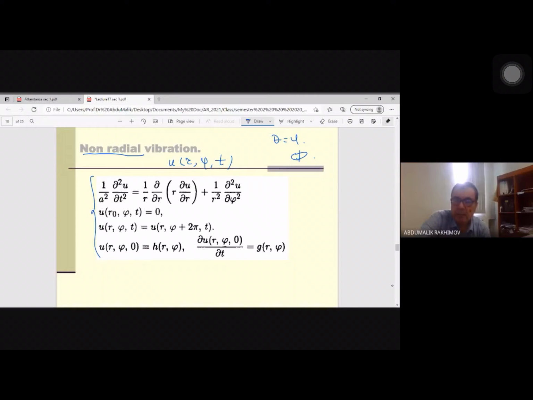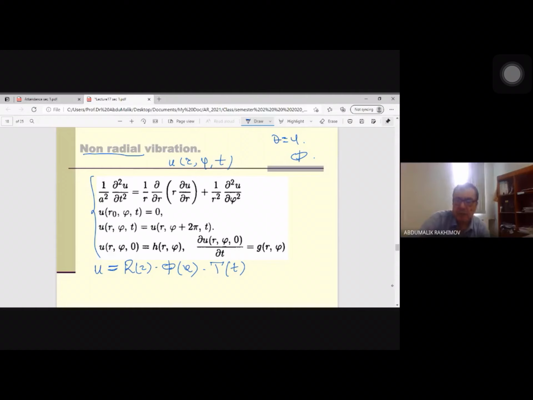So then, if we separate the equation, we will search for u in the form of capital R of r, capital Phi of phi, and capital T, a function of t.